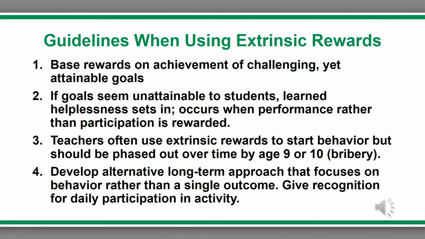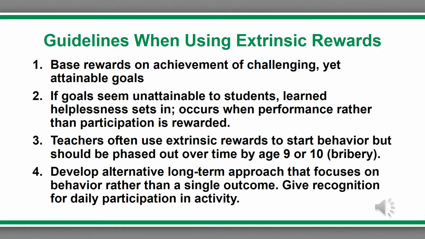So what are some guidelines when using extrinsic rewards that they talk about on page 281? You want to base your rewards on achievement of challenging but yet attainable goals. You don't want it to be so difficult for them that they feel like they cannot get it or succeed or have a chance to get it.